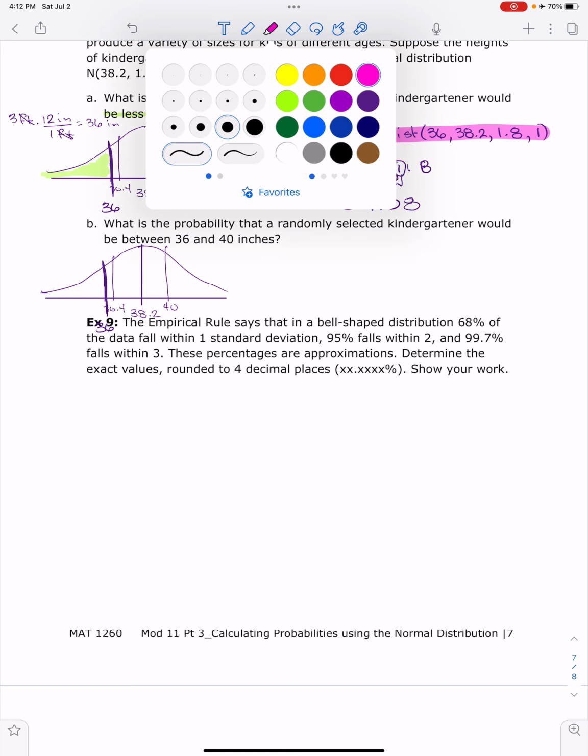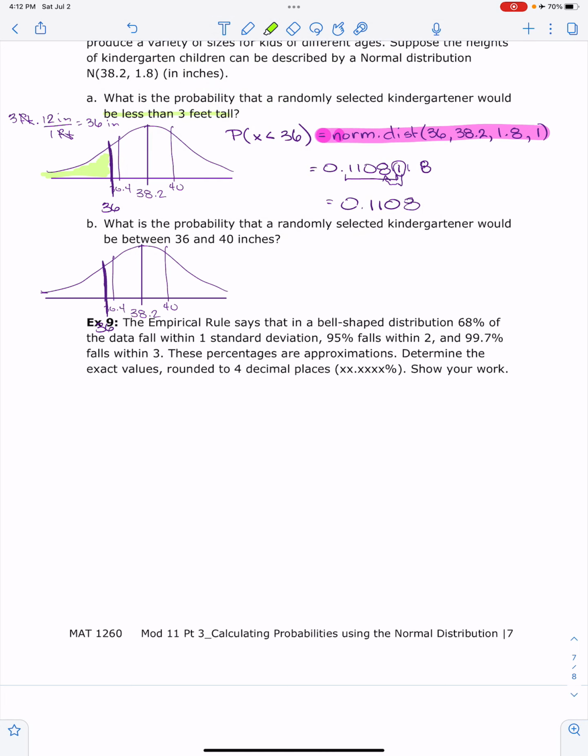Oh, the magic of technology. Okay, so between 36 and 40, we are looking for this in here.